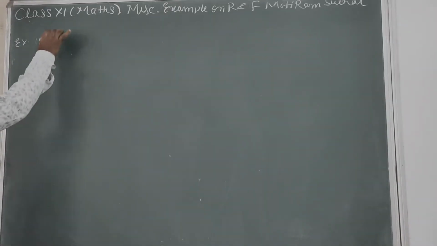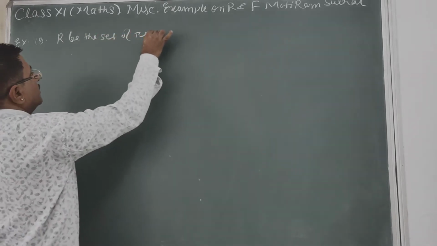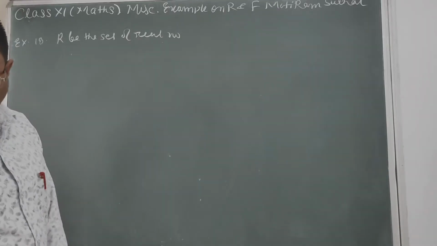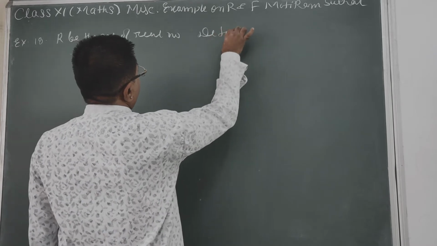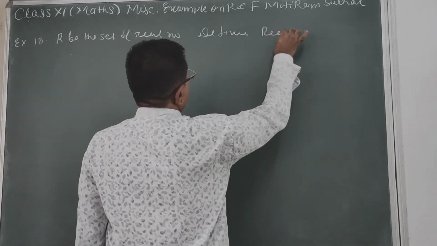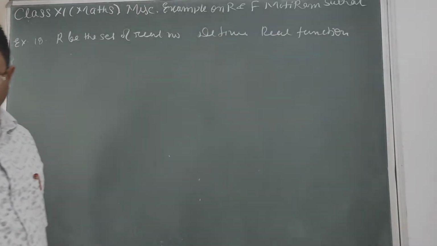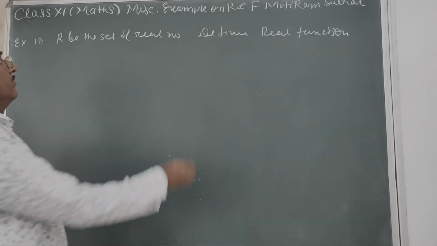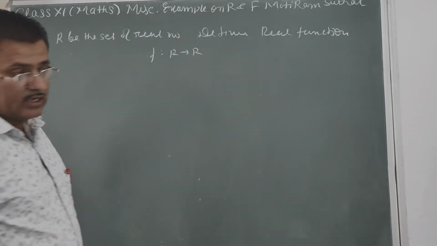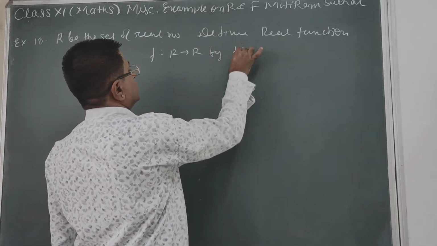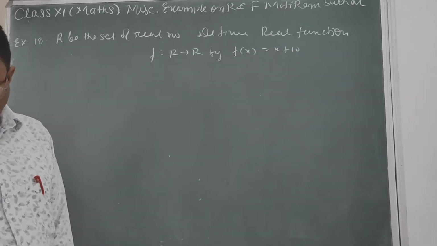We are given R as the set of real numbers and define a real function f from R to R such that f(x) equals x plus 10. Sketch the graph of this function.